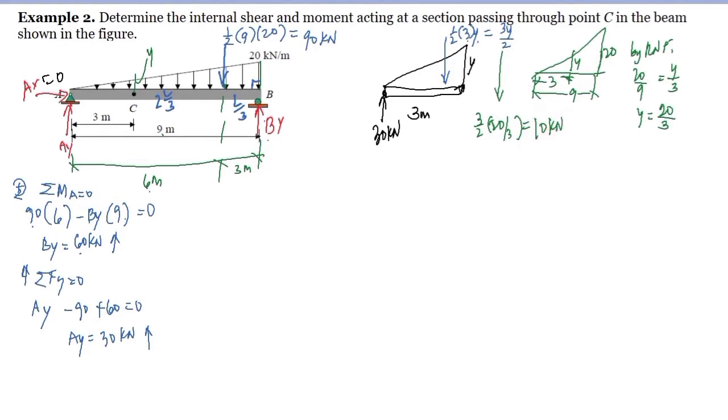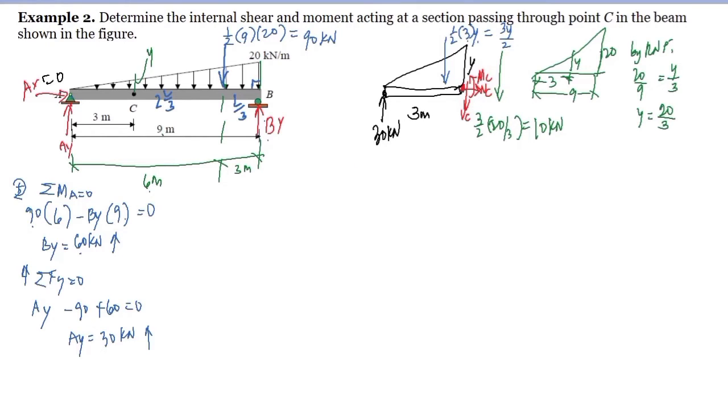Now, let's expose the internal loadings. Since we cut here, we take the left portion of the beam. So we have here the NC directed to the right, the VC directed downward, and counterclockwise MC. Remember the sign convention.